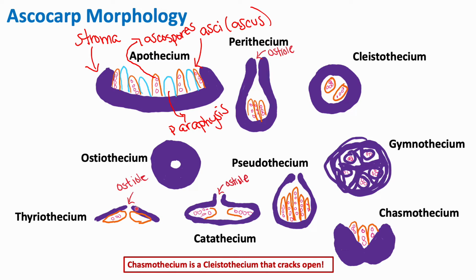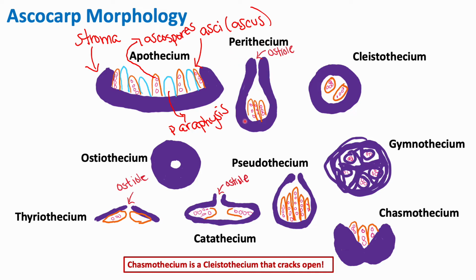The periphyses may or may not be present, and that depends on which type of fungi we are talking about. Not all ascomycotan fungi will have periphyses. It just depends on the fungi. So the perithecium is essentially the same. It just differs in shape, and we'll notice that all of these different types of ascocarp morphology can have periphyses, have an ascus, have ascospores, and a stroma, but they differ in shape.